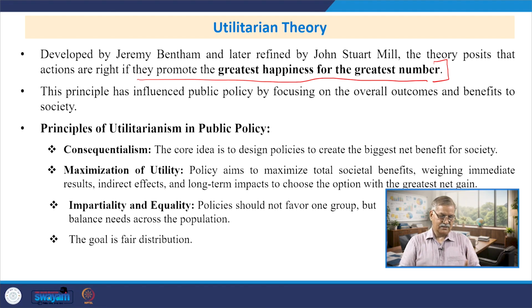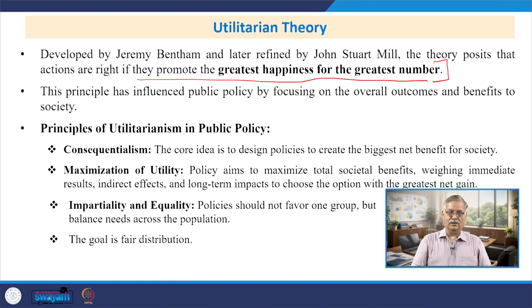And this theory has several principles. First is consequentialism. It means that the core idea here is to design policy to create the biggest benefit for the society, meaning net benefit to the society should be maximum. That is one aspect. Second is maximization of utility.